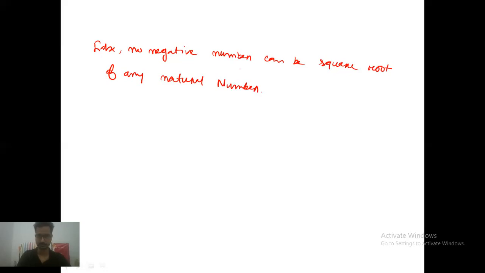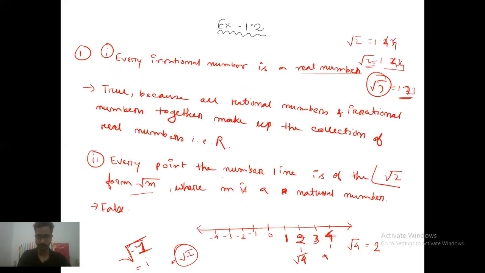Now see, here on the number line, negative number is also present, positive number is also present. Yes or no? But 2 we can plot because 2 is a square root of 4. Suppose here we can plot 9 also, or we can plot 3 also. 3 we can also plot because 3 is a square root of 9. That means every positive number in the form of root over m we can plot.